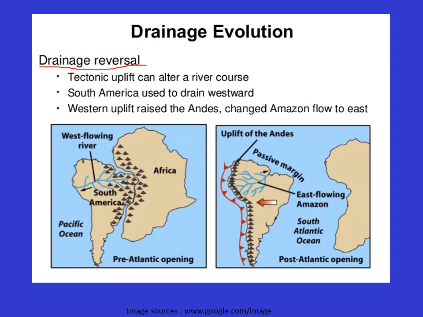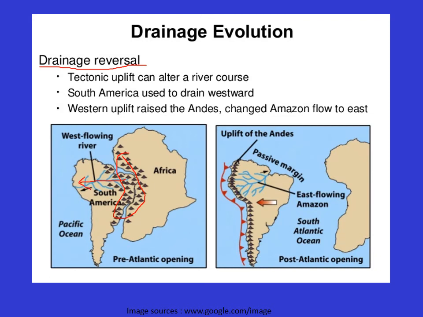Now, when the South American and South African landmasses are together, all the river channels are flowing from east to west, because these are the highland areas, and all the rivers from these highland areas are flowing from east to west.